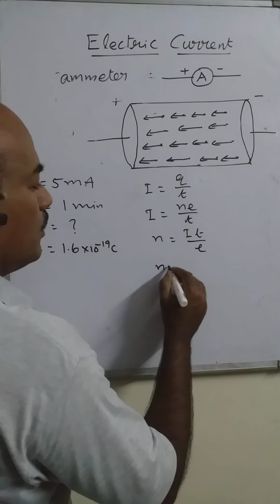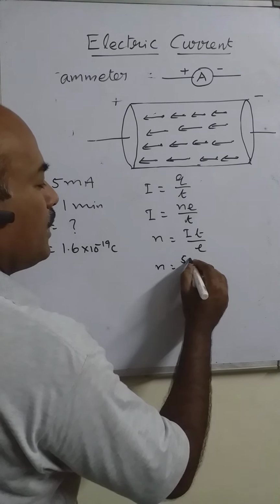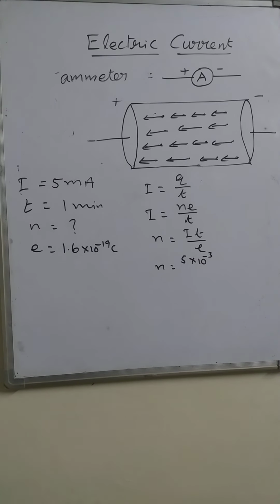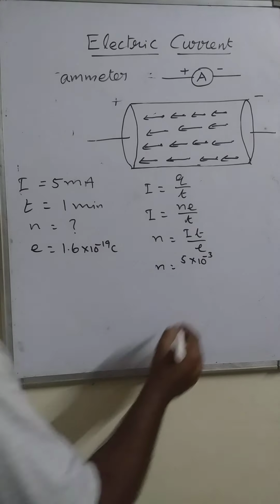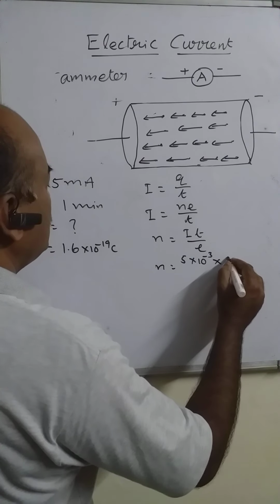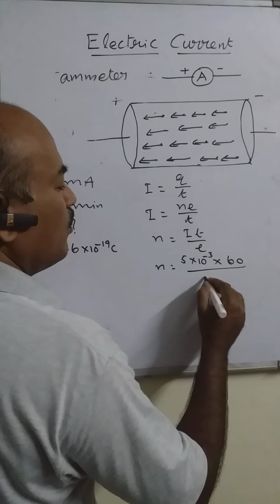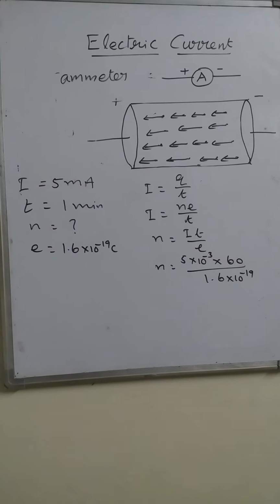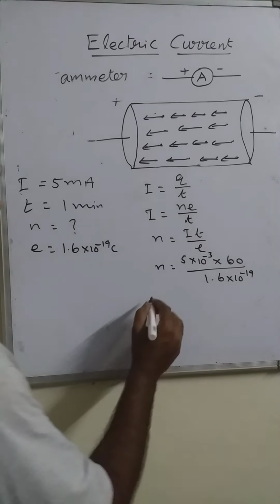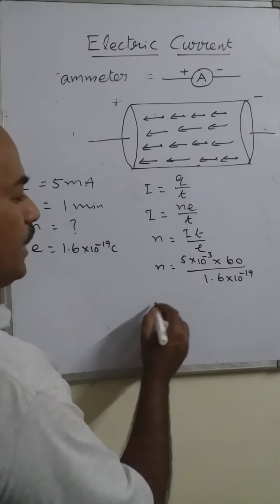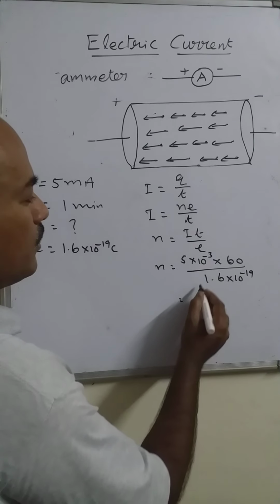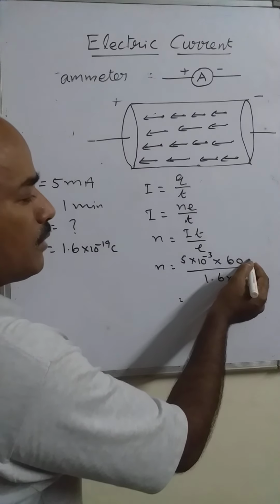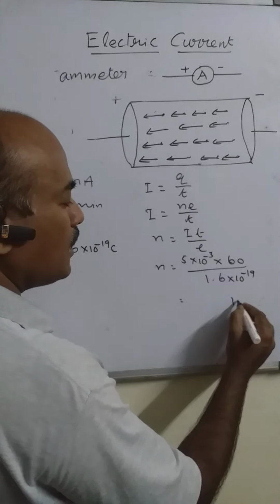So N equal to, this is 5 milliampere, to be written in SI unit, that is ampere. So 5 into 10 power minus 3, 1 minute, that is 60 seconds, upon 1.6 into 10 power minus 19. Now this can be calculated. 10 power minus 3 over 10 power minus 19 goes up as 10 power plus 19, so 10 power 16.